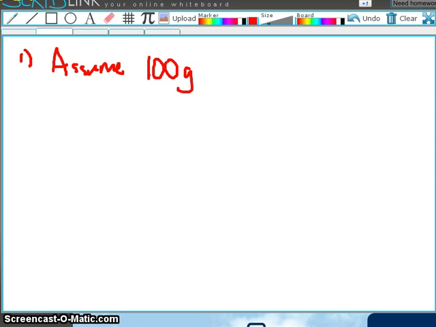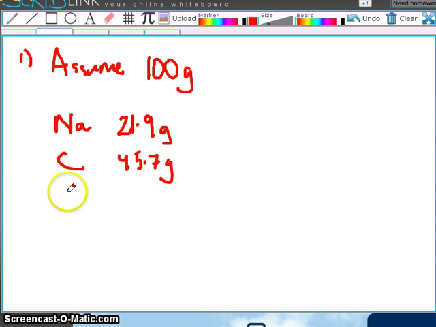So if we know we're dealing with 100 grams of sample, we can easily say that for sodium, we're dealing with 21.9 grams, because it was 21.9%. For carbon, we are dealing with 45.7 grams. For hydrogen, 1.9 grams. And for oxygen, 30.5 grams.